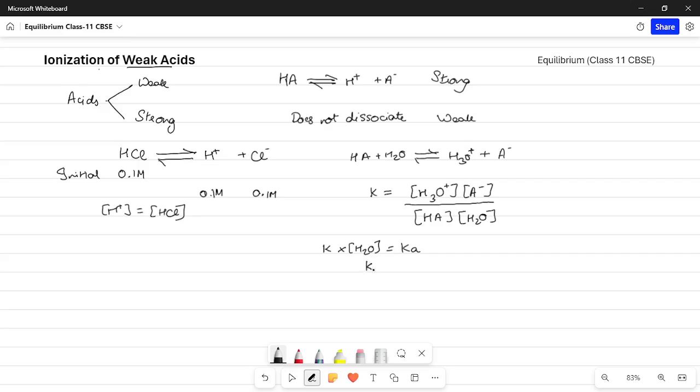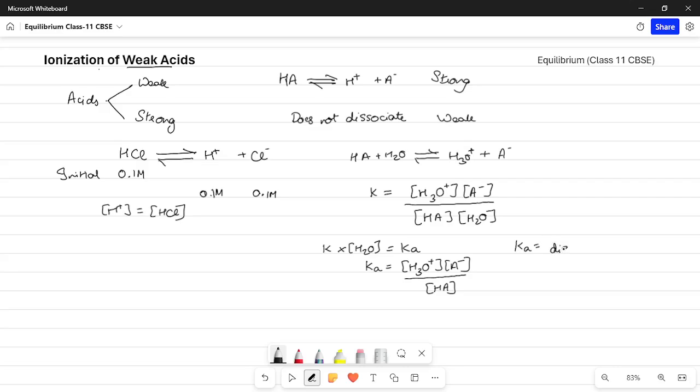So Ka will be equal to the concentration of H3O plus into the concentration of A minus, whole divided by the concentration of HA. All I did was move this to this side, and K into H2O was Ka.